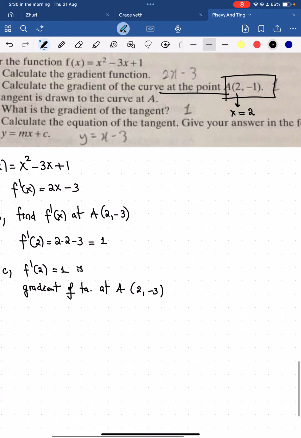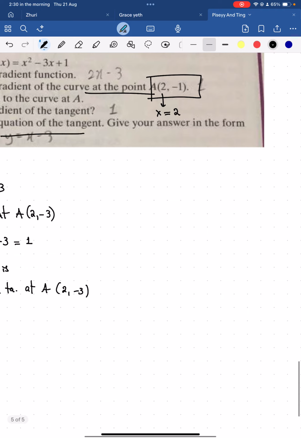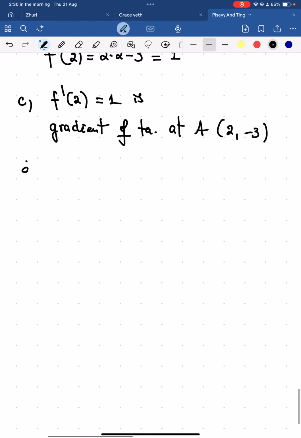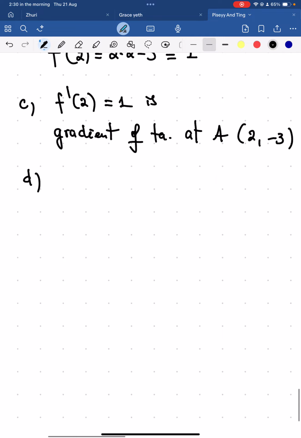And d, calculate the equation of the tangent. Give your answer here. So calculate the equation of the tangent, which means the equation of the line, because the tangent is a straight line. So we can use one formula for IB style. They use y minus y1 equal to m times x minus x1, right?